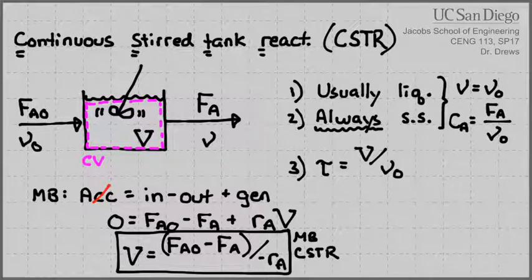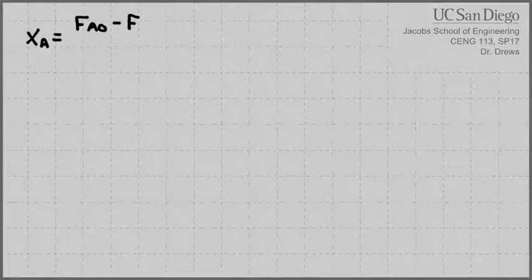Because this is a flow reactor, our definition of conversion is just like what we saw before for the other flow reactors, which is FA naught minus FA over FA naught.